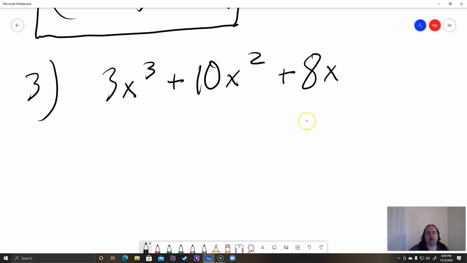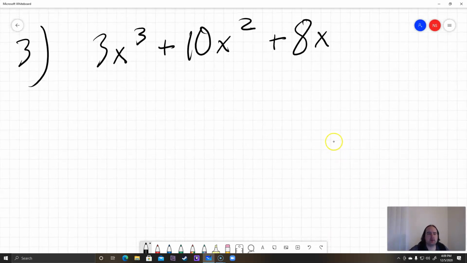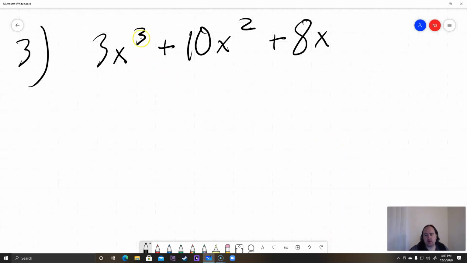Now the thing here that you might not have noticed is normally your highest power is 2, right? So normally it's an x squared and then it's an x, and then there's no variable for the last term. Well here, all the powers are 1 power higher.